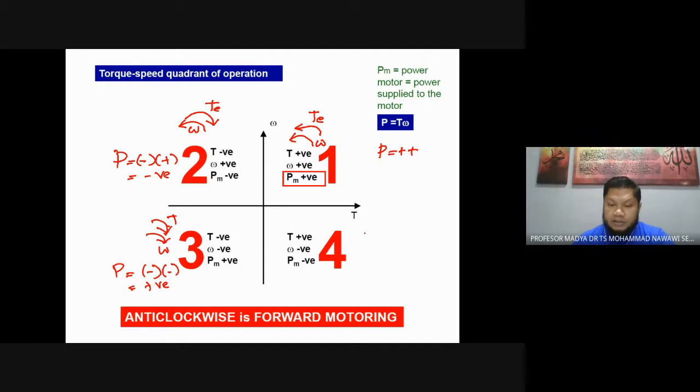The torque is positive, however the rotor speed is negative, and therefore you have positive multiplied by negative, giving negative power. So this is the four quadrant of a motor.